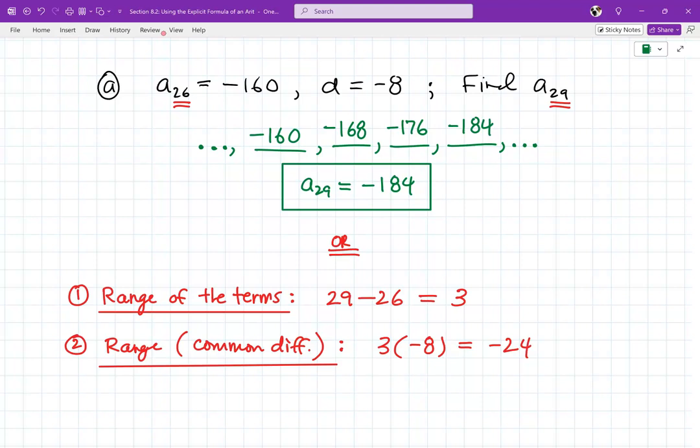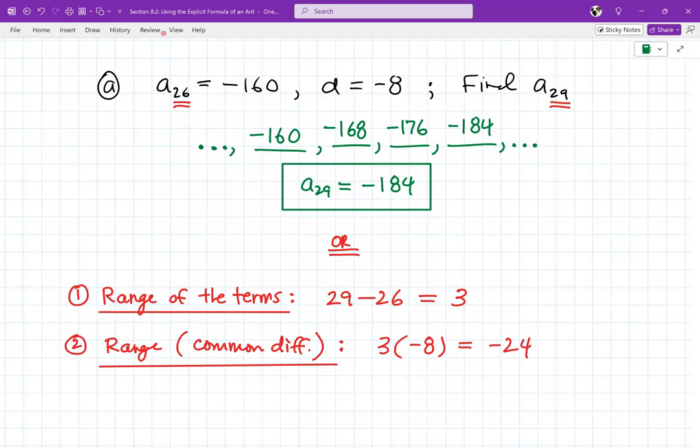That's negative 24. And if you're thinking, this looks so much more difficult than what we just did, I know it does. But what we just did was easy because the numbers were close together. When they're not close together, this is better, okay?